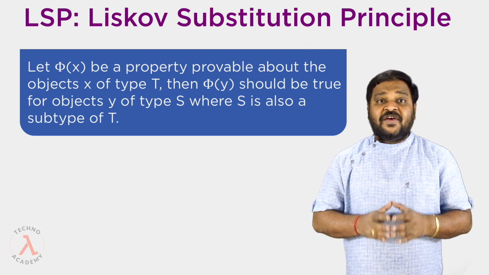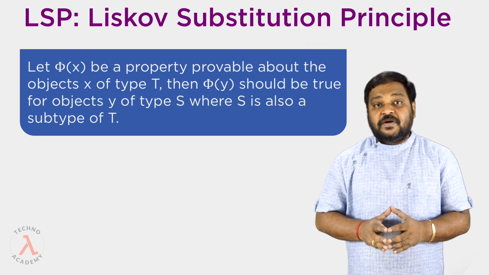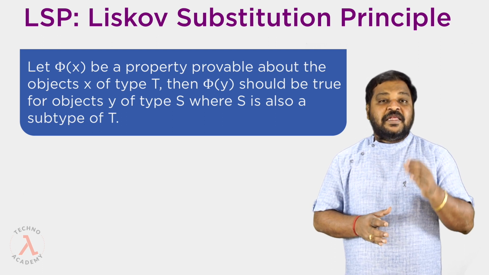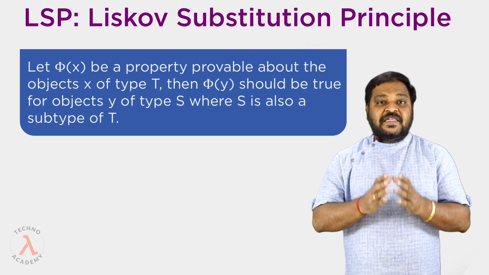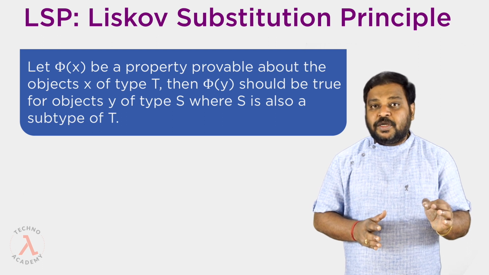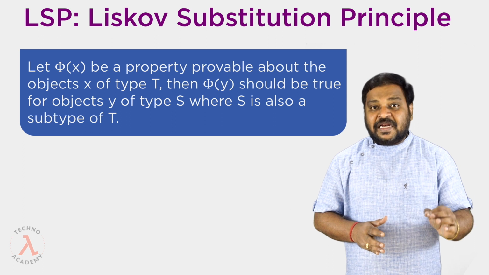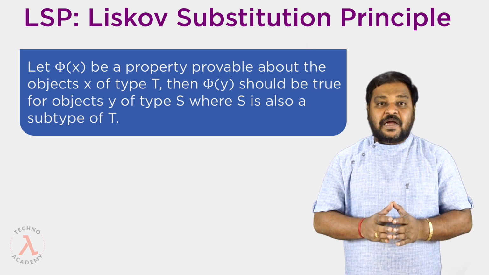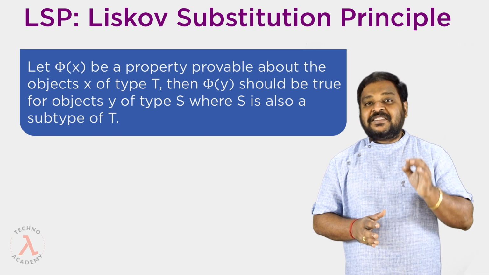But sometimes I find a student like me who can't understand such a big statement. So for people like me, if I put the definition in simple terms, we can say subtypes must be substitutable for their base types. That is, derived class types must be completely substitutable for their base class types.